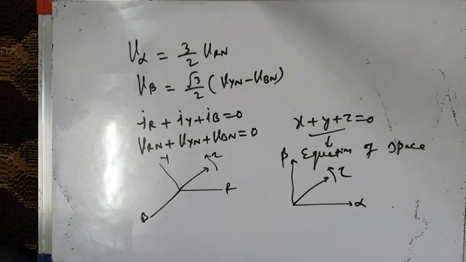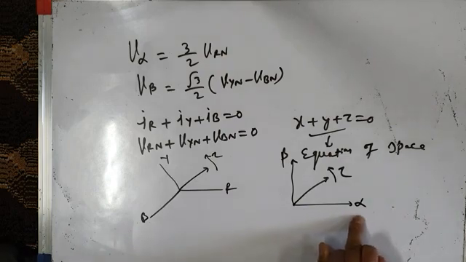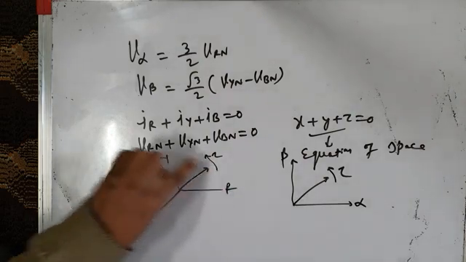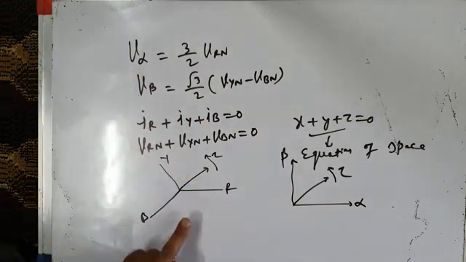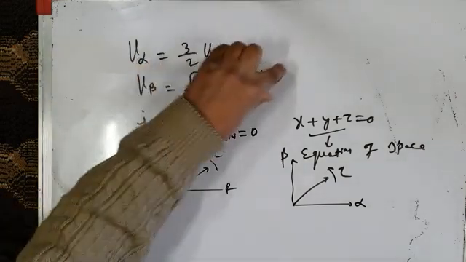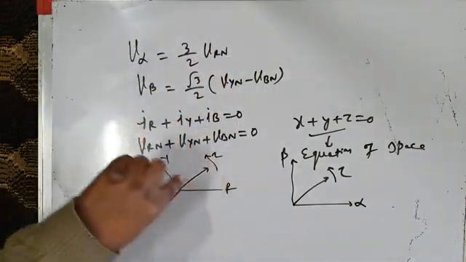Then we transform the three-phase winding into an equivalent two-phase winding, or the three-phase stationary reference frame, RYB, into an equivalent two-phase stationary reference frame, alpha beta, and we derived the equations for current in the alpha axis and current in the beta axis, that's I alpha, I beta, in terms of currents in the three-phase windings IR, IY, IB, or voltage along the alpha axis V alpha and voltage along the beta axis V beta in terms of voltages VR, VY and VB.